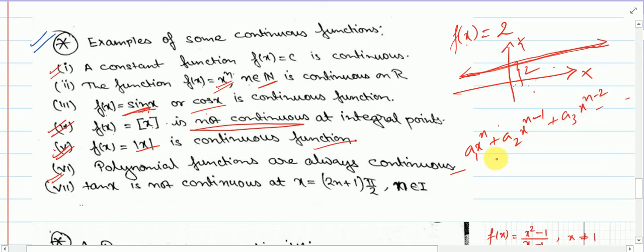So if you have a function of this type, a polynomial function, it is always continuous. Tan x is not continuous at x equal to this. Anyway, you don't have to remember these main things. Simply remember that a constant function is continuous, and mainly that a polynomial function is always continuous. This one is also important. These things you all know, sin x, cos x, you have seen the graph also. So you have to write down these examples.